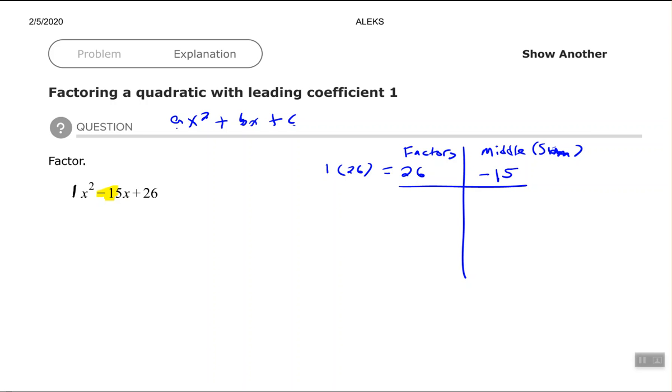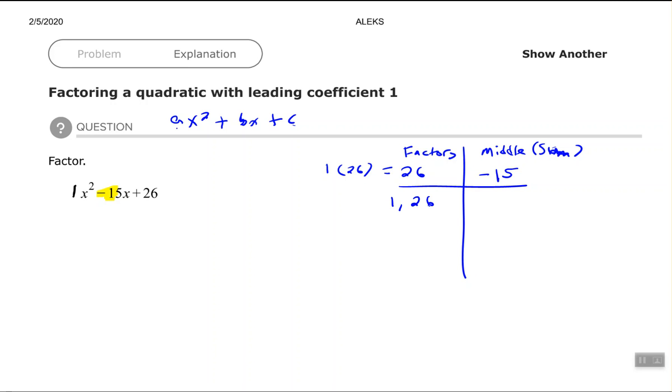I need to find a pair of numbers that I multiply to get positive 26. The only way you can multiply to get a positive number is either multiplying two positive numbers or two negative numbers. So if my sum has to be negative, then I know that I have to multiply two negative numbers.